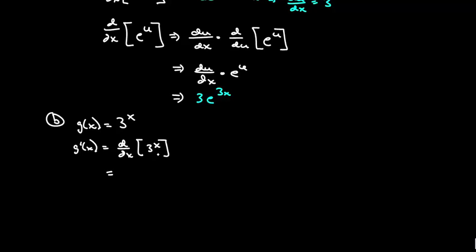And using our rule now, this is going to be the natural log of 3 times 3 to the x. It doesn't matter which order you write it in. Your book writes it like this, but it's really irrelevant.